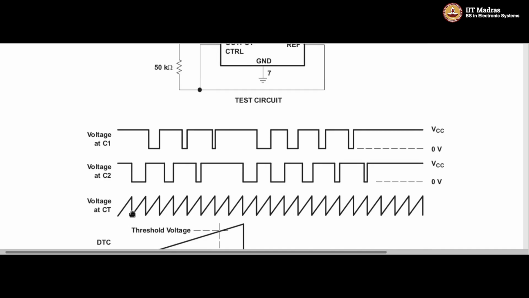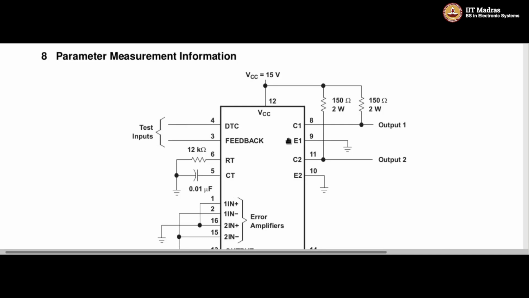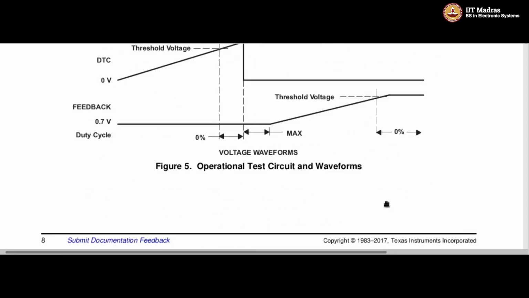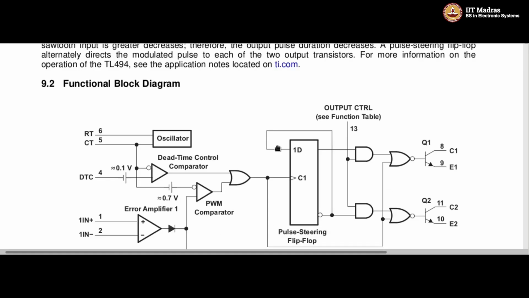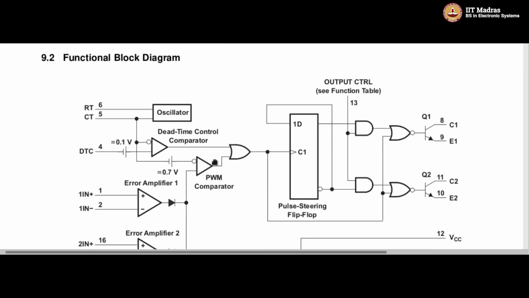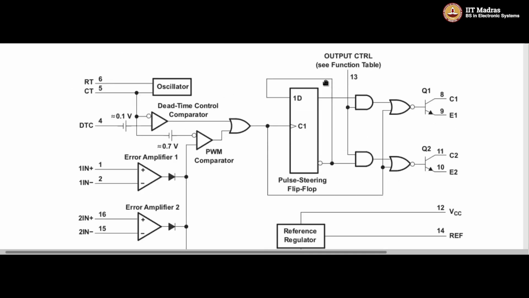So this is based on a sawtooth carrier, and then you have two output waveforms, C1 and C2 collectors of the internal transistors: collector 1, emitter 1, collector 2, emitter 2, which you can externally connect and take out the PWM outputs.